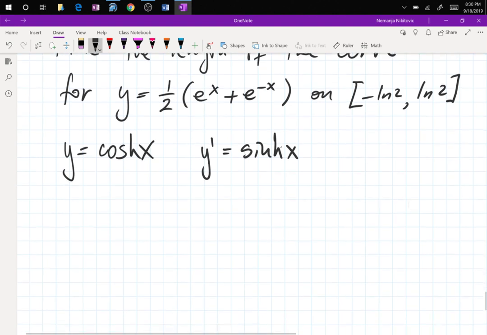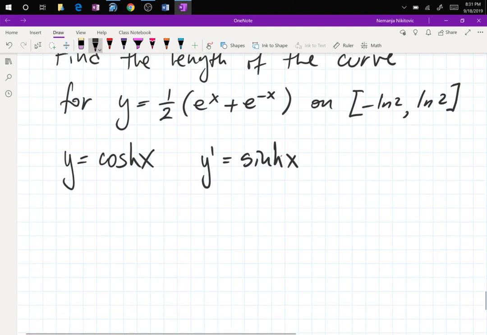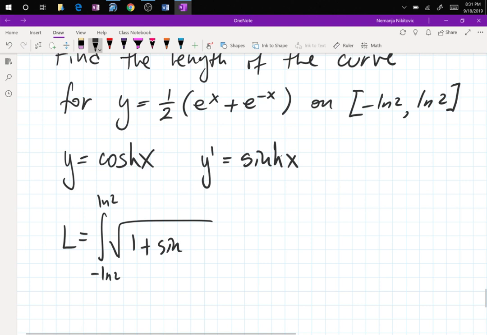And then we are going to now set up the integral for length of the curve from negative ln2 to positive ln2 of the square root of 1 plus sine hyperbolic squared x dx.